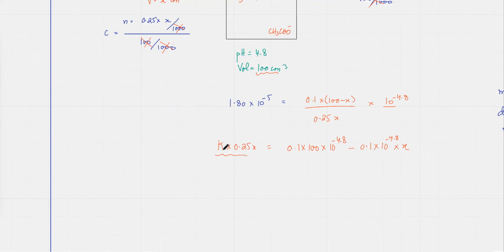K was a constant. 4.5 multiplied by 10 to the power of negative 6. So it's 4.5 times 10 to the power negative 6, right? Yes, sir. Acha, what about this thing? What do you get for this? 0.1 into 100 into 10 to the power minus 4.8.